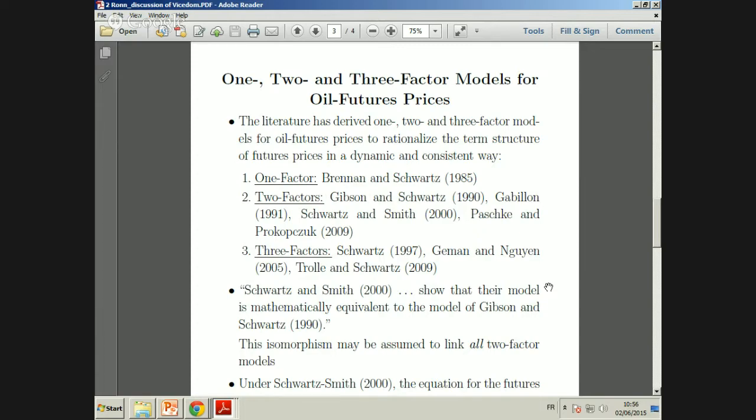And then there have been a number of 3-factor models. Eduardo in his presidential address included interest rates. He found it really didn't make much difference. As the 3rd factor, Gaman and Nguyen, and Troll and Schwartz included stochastic volatilities, which did a good job.